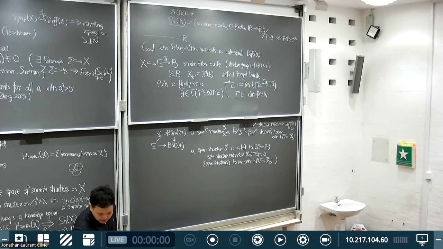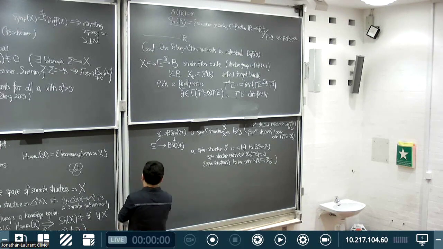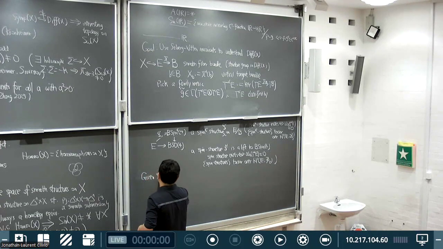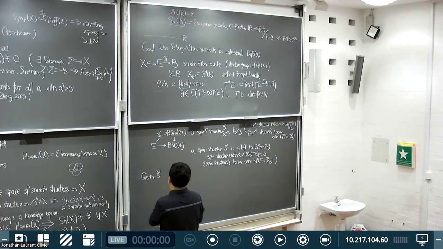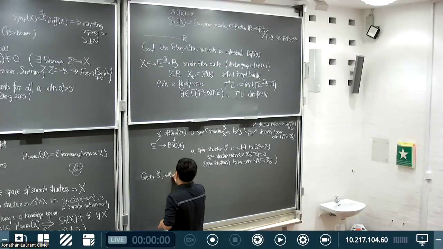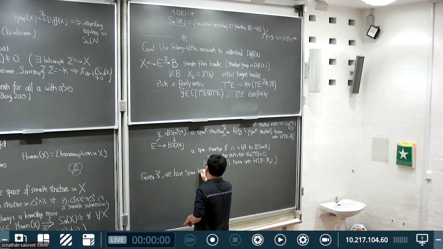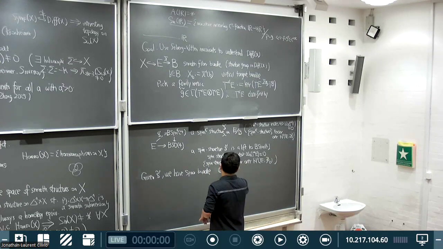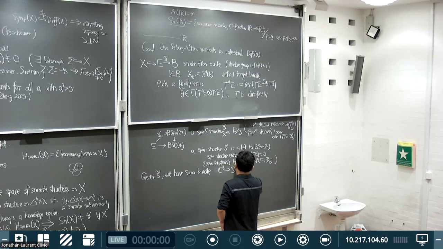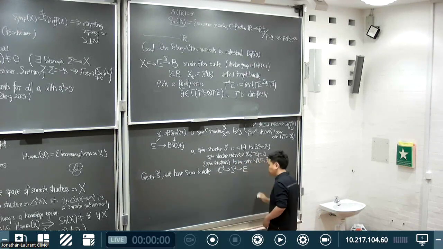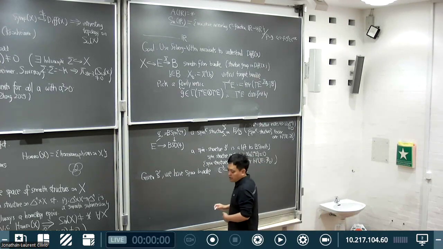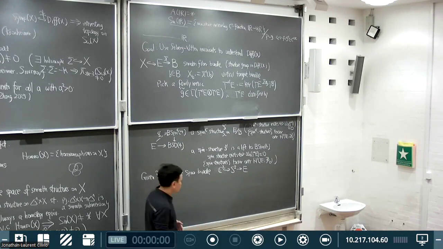Now, we have set up the spin structure, spin C structure. For most of the time, I'm just going to talk about spin C. Given a spin C structure, we have the spinor bundle S as a bundle over E. We have the Clifford multiplication.